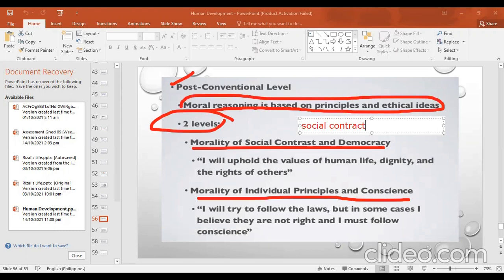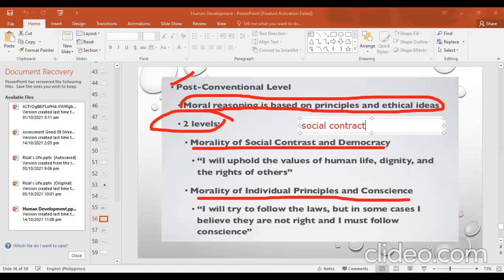Or sabihin na natin, halimbawa, sa work mo, meron kayong kontrata, pero hindi rin naman siya nasusunod. Instead of kailangan mag-photocopy ka lang, yun lang yung work mo, pero ang dami pang pinapatrabaho sa iyo, like magtimpla ka ng kape, magwalis ka, and etc.